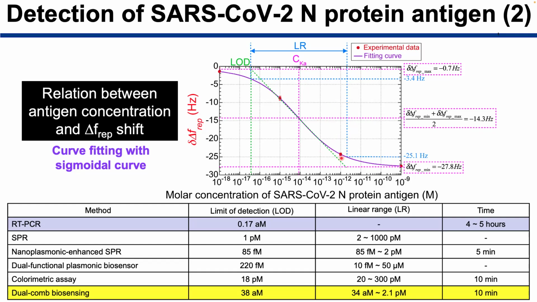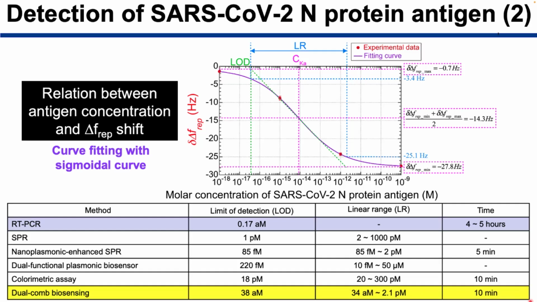From this curve fitting result indicated by the purple line, we obtained the sensing performance of dual-comb biosensing highlighted by yellow color. The limit of detection was achieved to 38 attomolar. Linear range was 34 attomolar to 2.1 picomolar, and the testing time was 10 minutes.